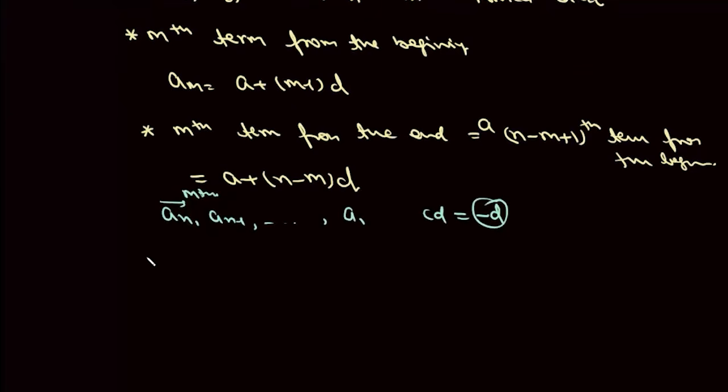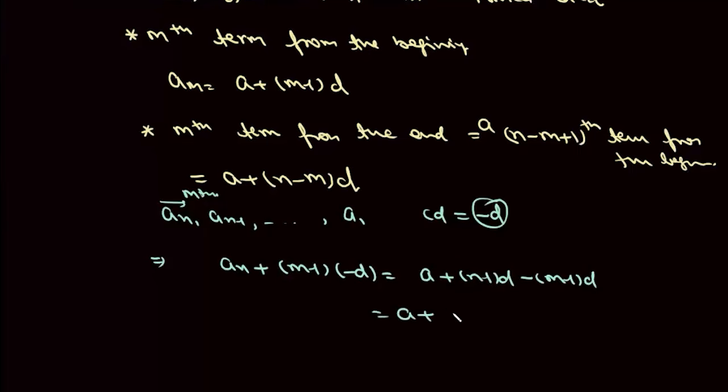So we can write this term as a_n plus (m minus 1) into minus d. So it will be this a_n, which is a plus (n minus 1)d, minus (m minus 1)d, which again is a plus (n minus m) into d.